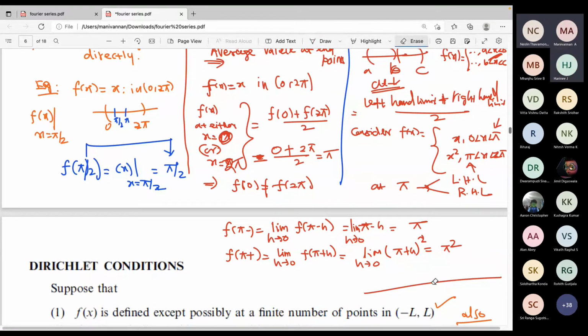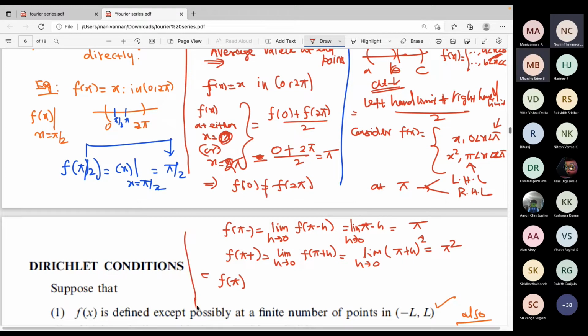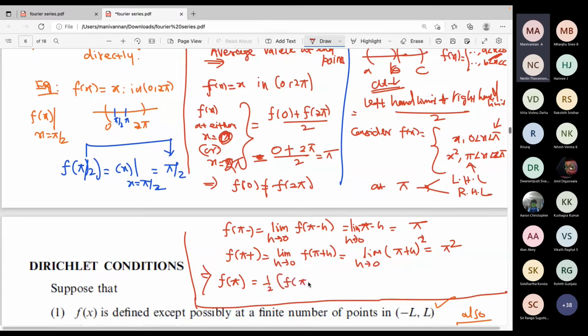Now if you take the average of these two values, f of pi becomes 1 by 2 times f of pi minus plus f of pi plus, so 1 by 2 pi plus pi square by 2. So this is the function value.